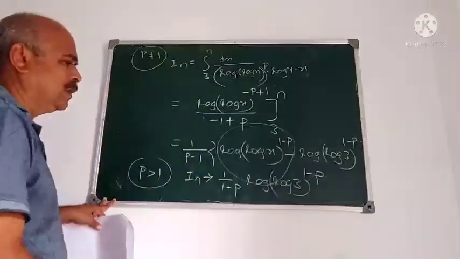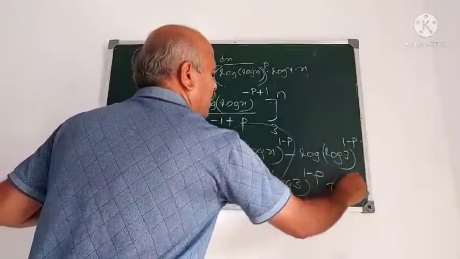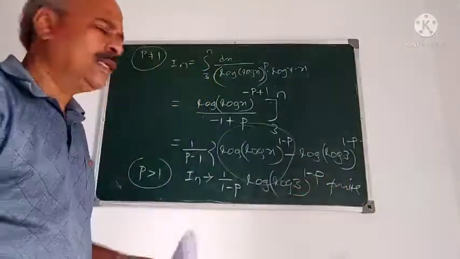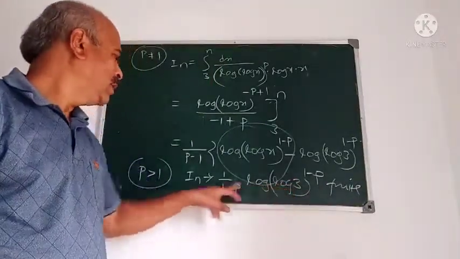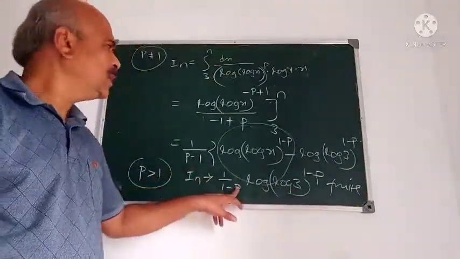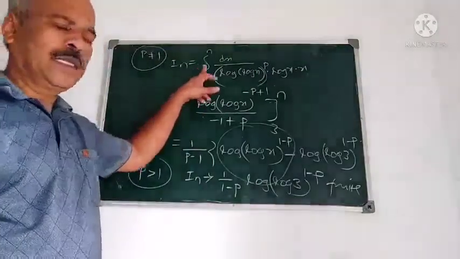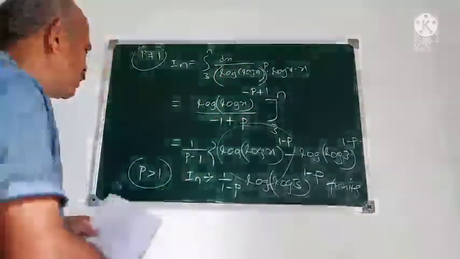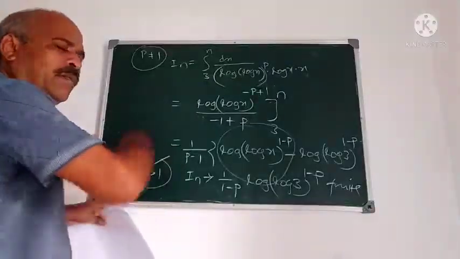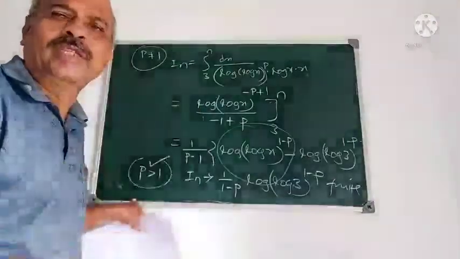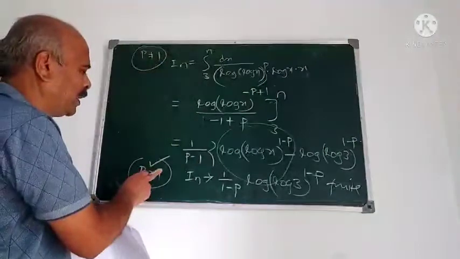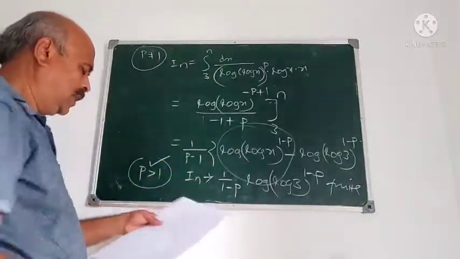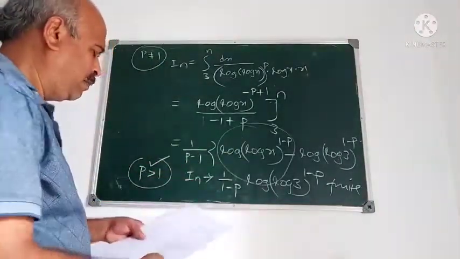So it is finite. Therefore this I_n converges, and the given sum converges when p is greater than 1. The previous case, p equal to 1, diverges. Not equal to 1 is important. Greater than 1 converges.